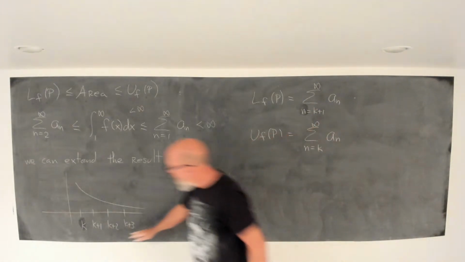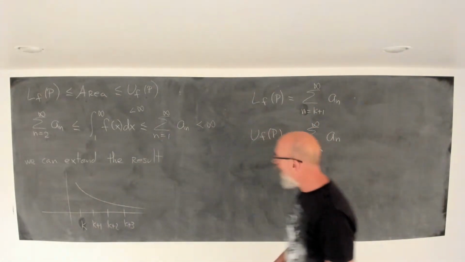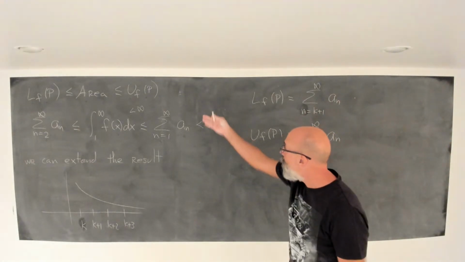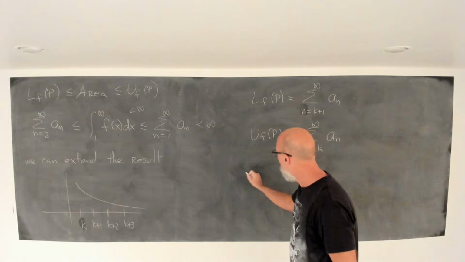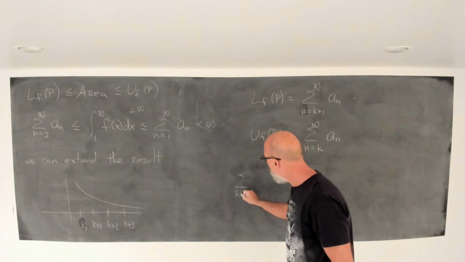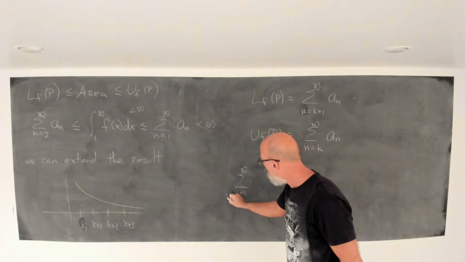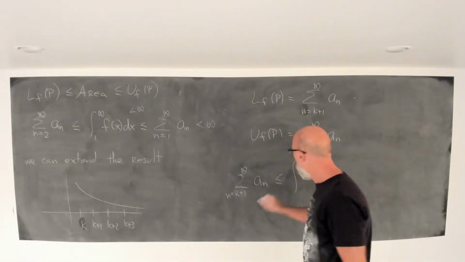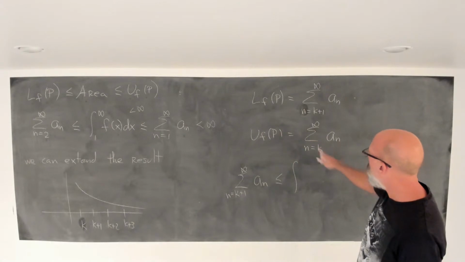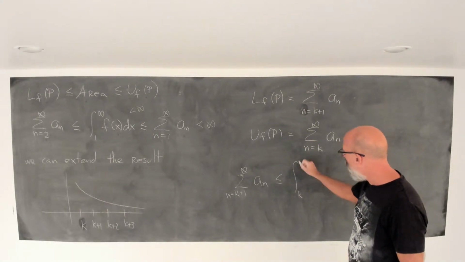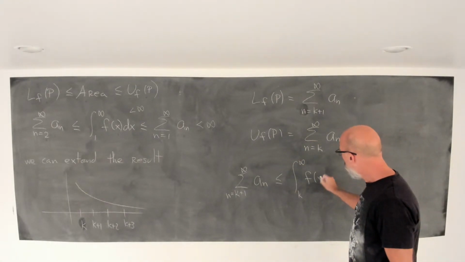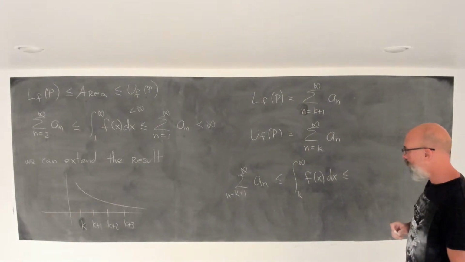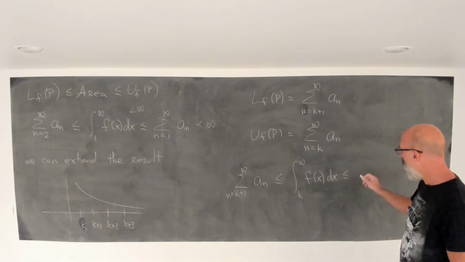If you repeat the whole argument starting at k, you're going to get this. And same thing, you're going to get the lower sum is less than or equal to the actual area, which is less than or equal to the upper sum.